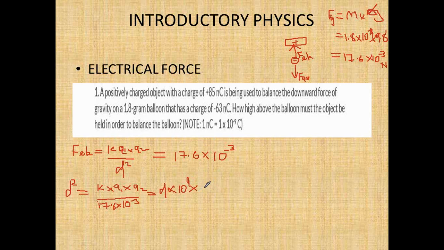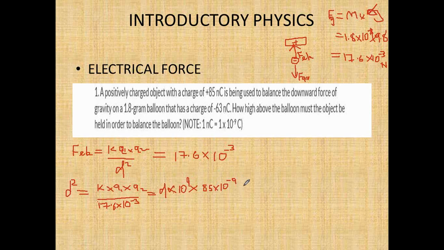The charge on the positive charge object is 85 nanocoulomb. And as we said, nanocoulomb is 10 to the minus 9. So it's 85 times 10 to the minus 9.